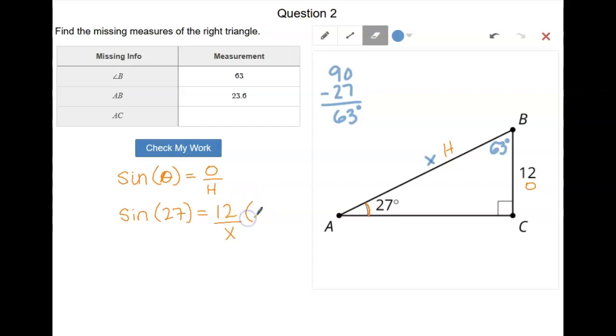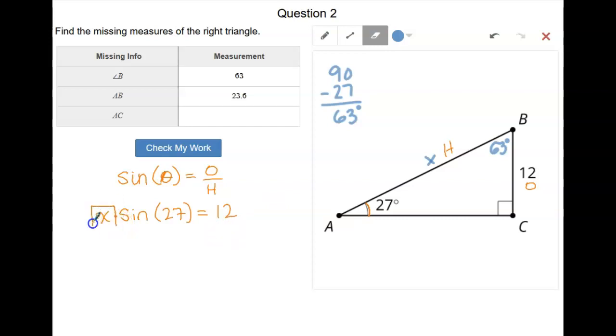So I'm going to rearrange before I do any calculations. I'm going to multiply by x on both sides, which is just going to give me x times the sine of 27 is equal to 12. Well, I've got to get x by itself.